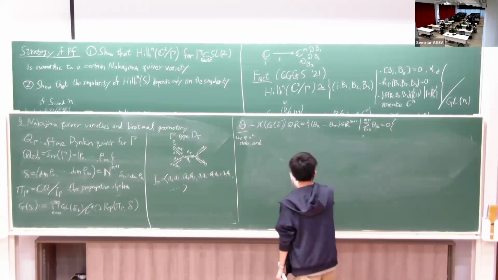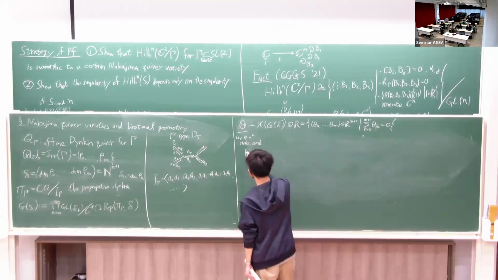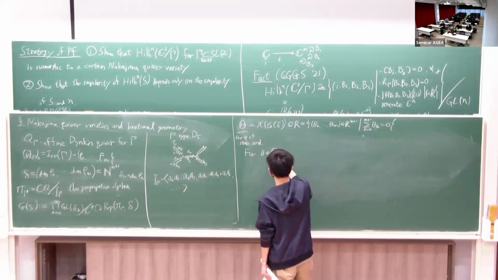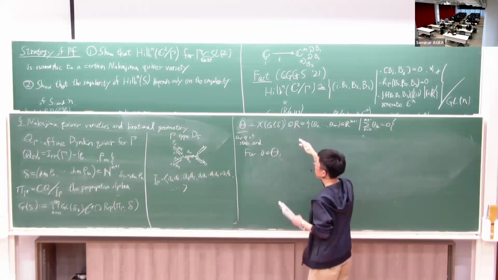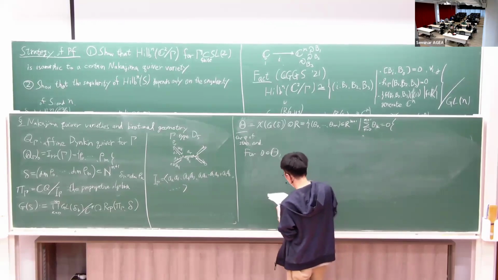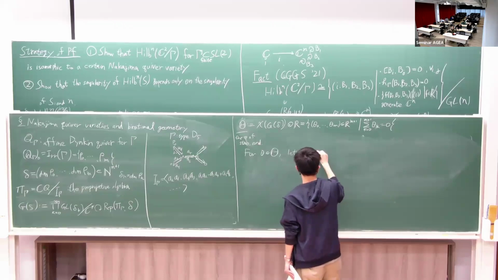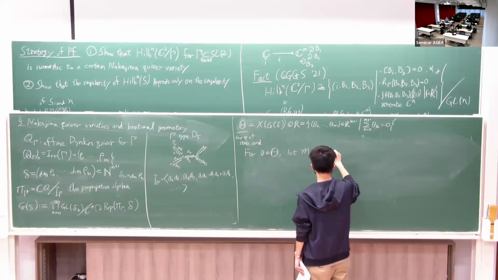So now we can define the moduli space. For any element here, we can define M theta pi gamma delta.